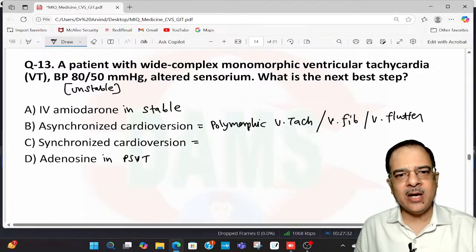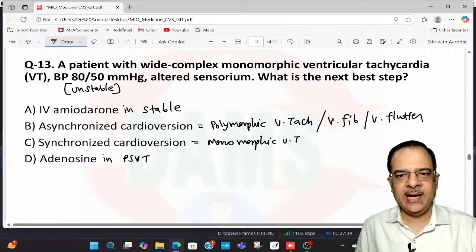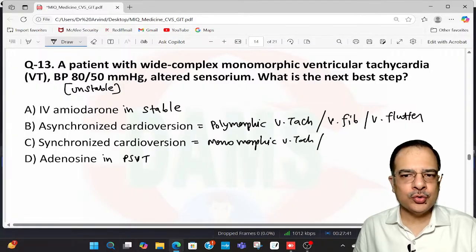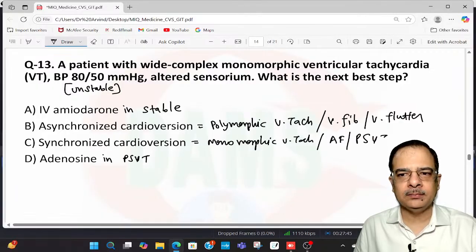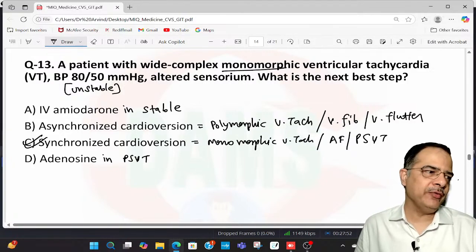While synchronized cardioversion is given for monomorphic VTAC or supraventricular arrhythmias like AF or PSVT. So this is monomorphic, and you will be going for a synchronized cardioversion.